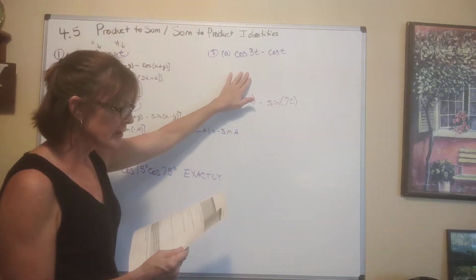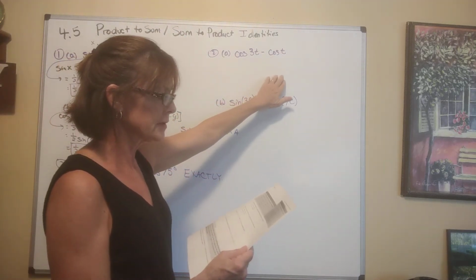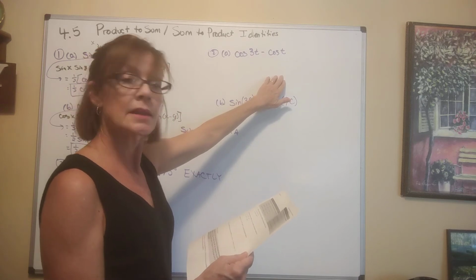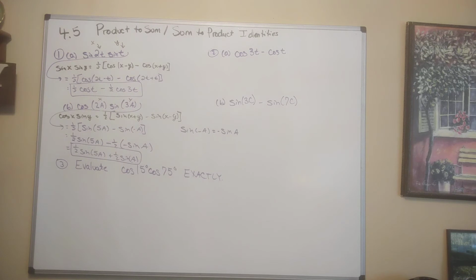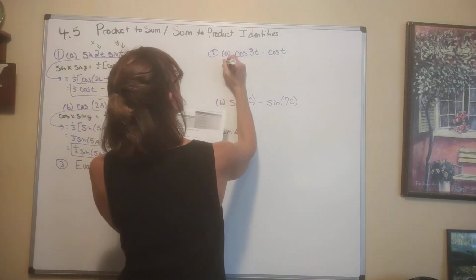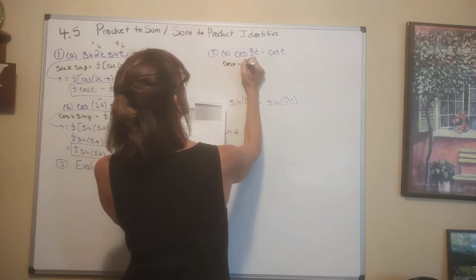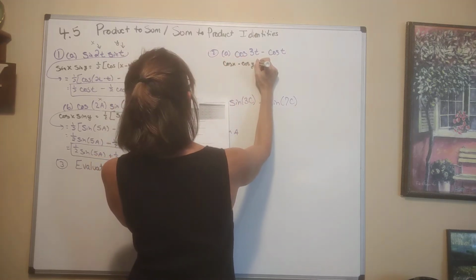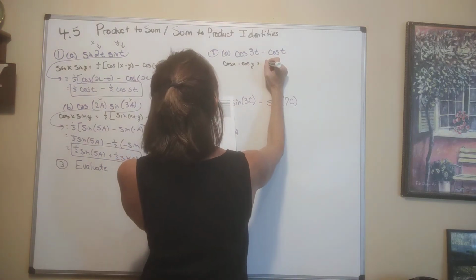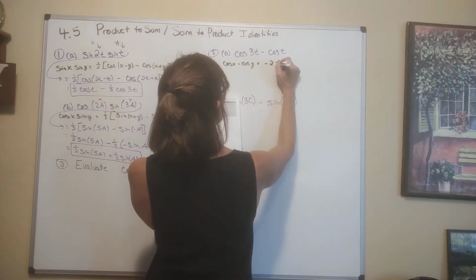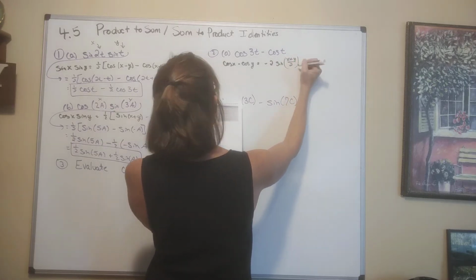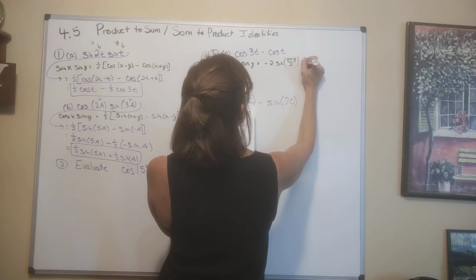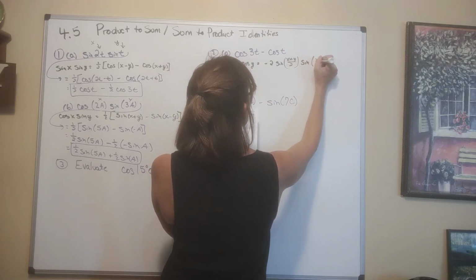All right, we're given a cosine minus a cosine, so use the identity that has the cosine of x minus the cosine of y. I'm going to write the identity down: the cosine of x minus the cosine of y is equal to negative 2 times the sine of x plus y over 2 times the sine of x minus y over 2.